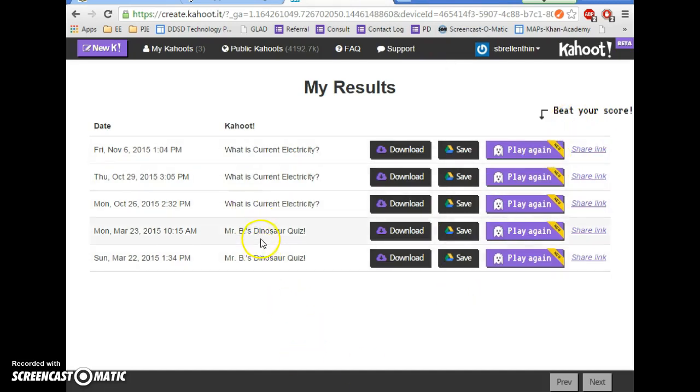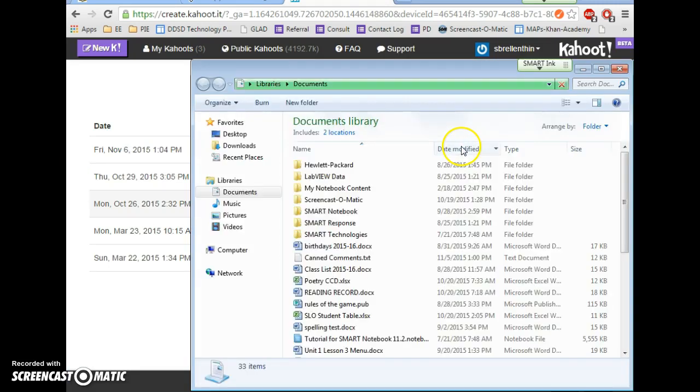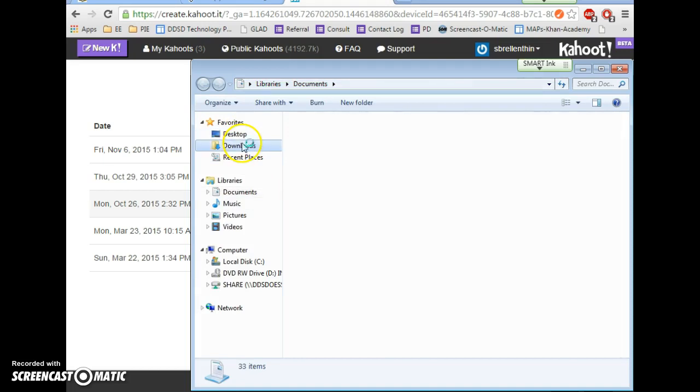This I used in Kahoot, the dinosaur quiz. I would like to show you kind of what the spreadsheet will look like after you've done it. So, your results, essentially.